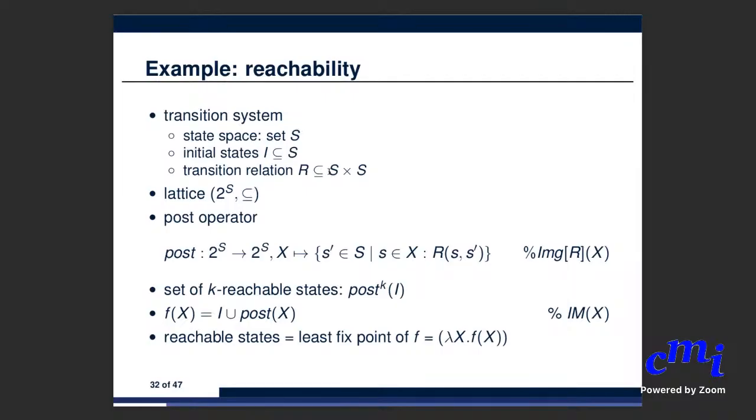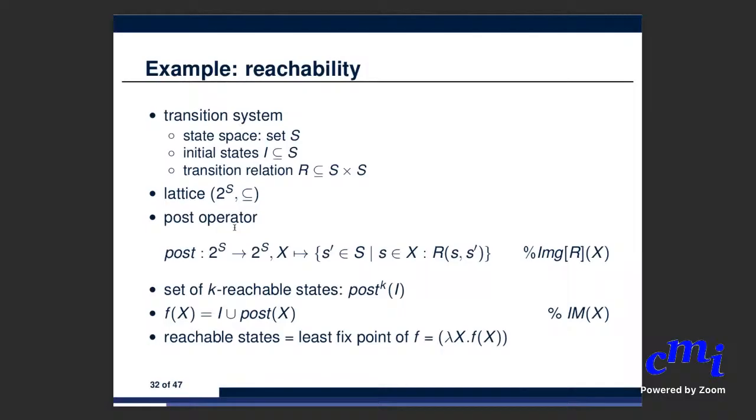There's a transition relation defined as a binary relation over that set, and in our case the lattice is sets of states. They are intended to represent some reachable sets over this transition system, and they are ordered as per set inclusion.